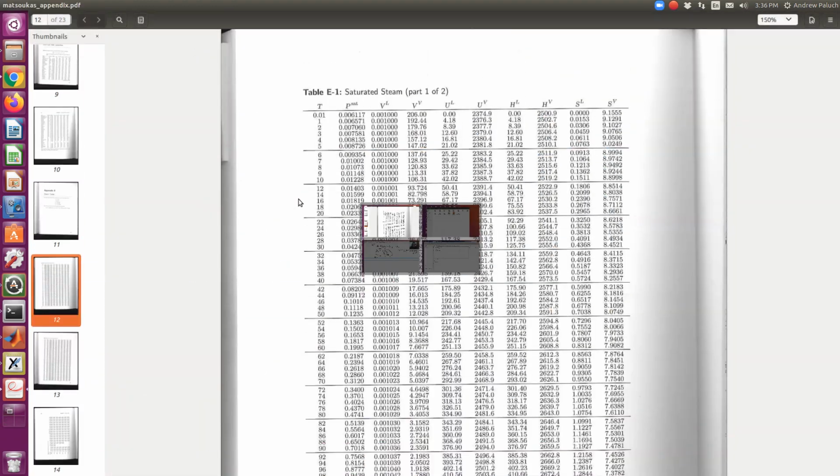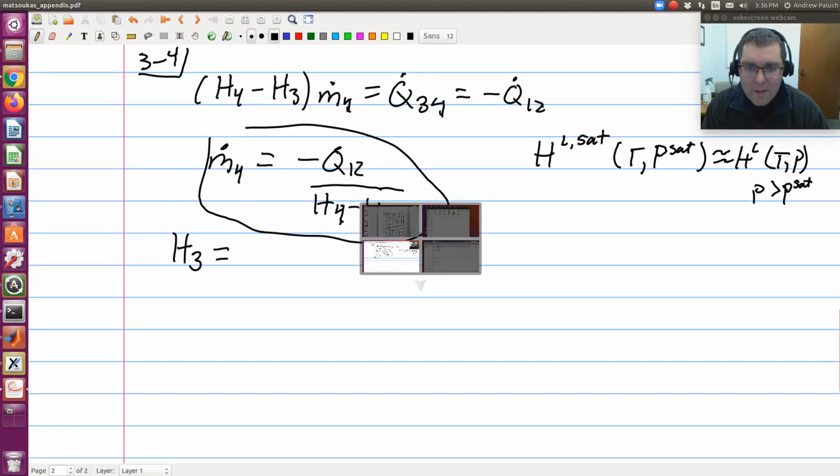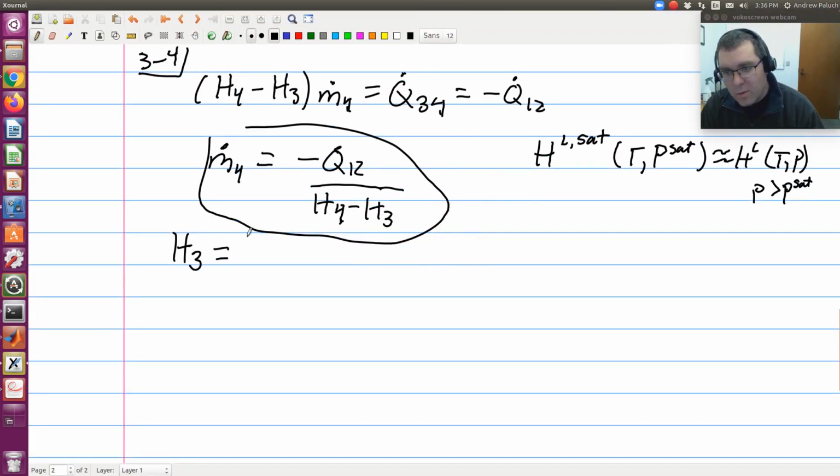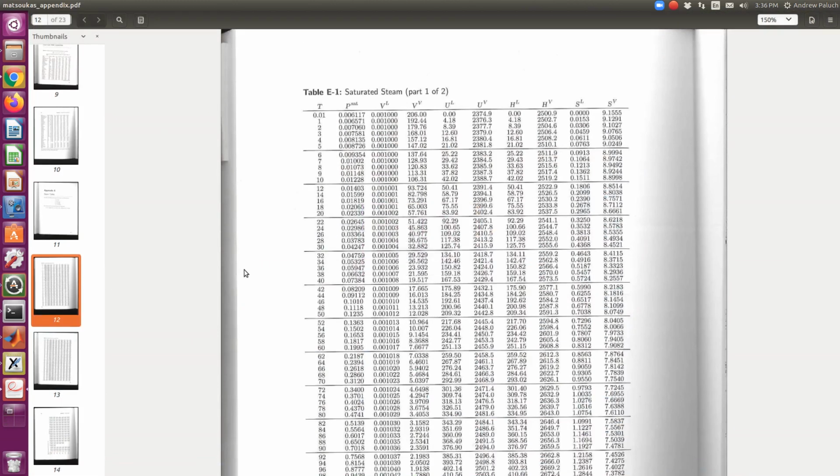H3 is 83.92. Notice even for my liquid, my internal energy and enthalpy are essentially the same, that PV term is negligible. So HL is 83.92. Let me get S3. S3 would be 0.2965.